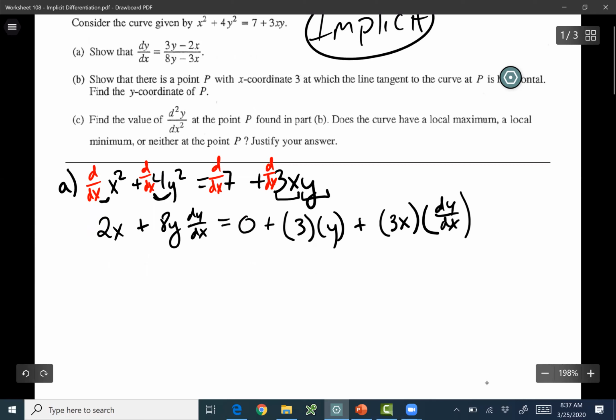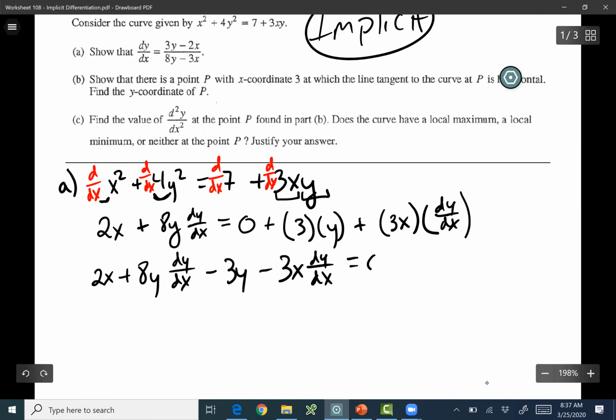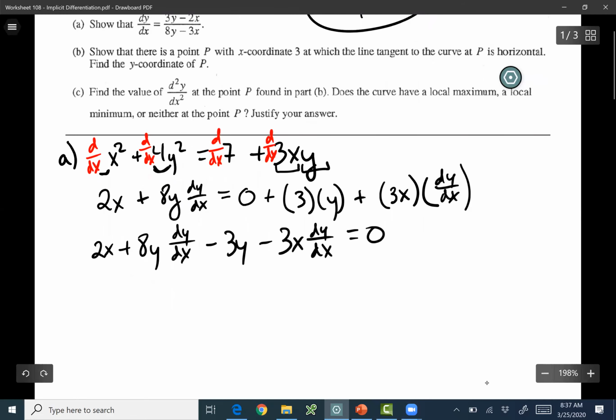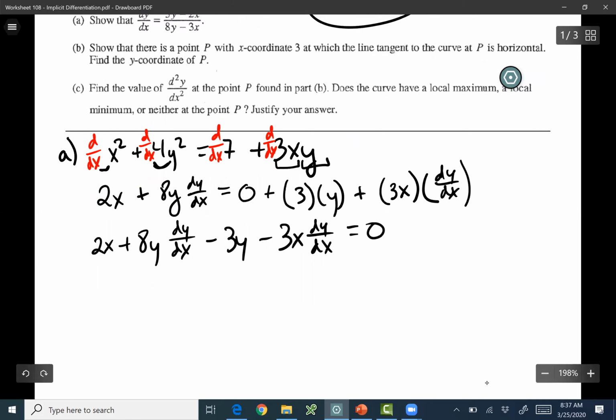Next, I like to move everything to the left side. So it gives us 2x plus 8y dy/dx minus 3y minus 3x dy/dx. And then there's the long way and there's the shortcut.